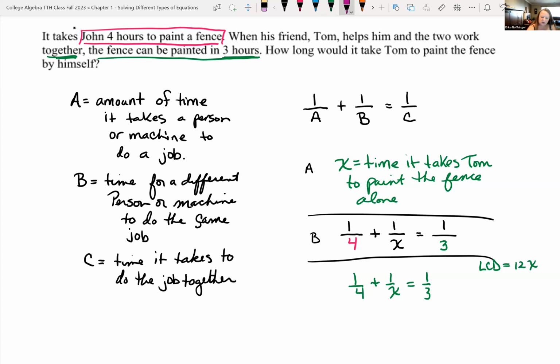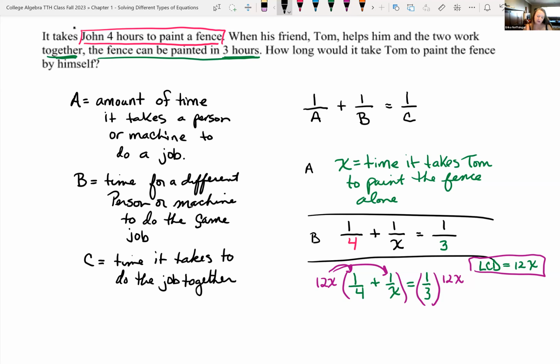So we're going to multiply 12x on both sides of our equation. So we ended up choosing this so that our denominators would go away.